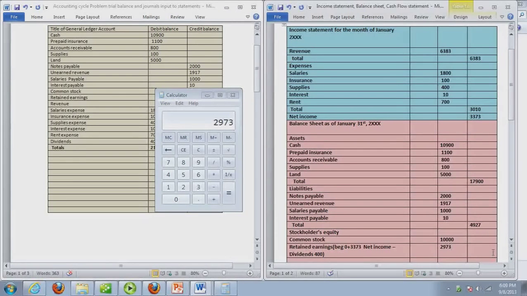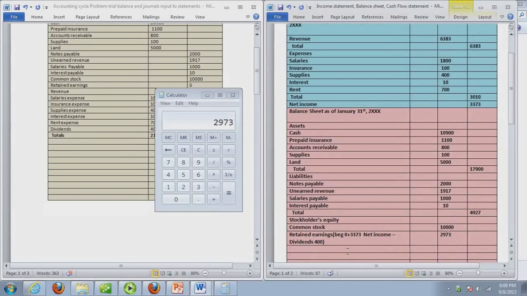Okay, and then we can go on to a total for stockholders' equity. And I think I can do that one in my head, maybe. 12,973. And then to balance the balance sheet, we add the right side of the equation items together to prove that it equals the left side, hopefully.